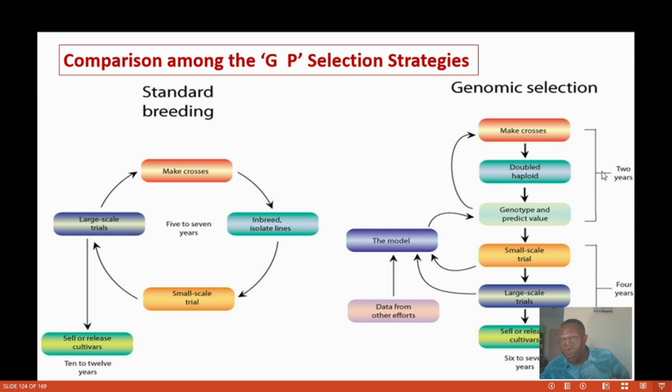All right, as you can see in here, we have about 2 years to get the crosses in genotype and prediction of value. And then from here, small scale to large scale trials where we can release takes about 4 years. 4 years plus 2 years is about 6 years. So really, 6 to 7 years in total is just a range.